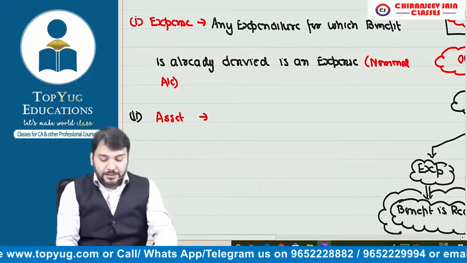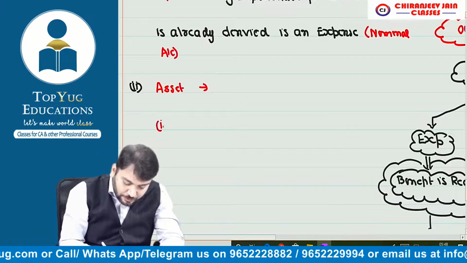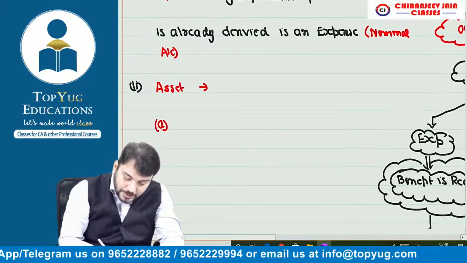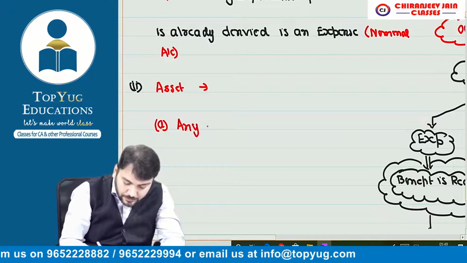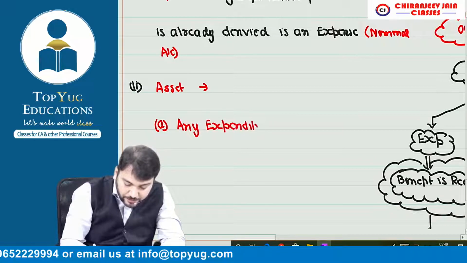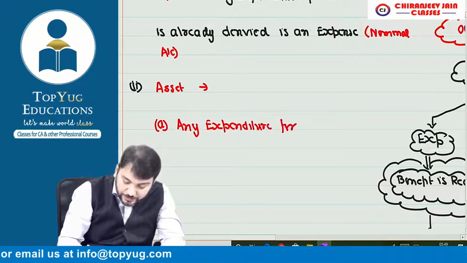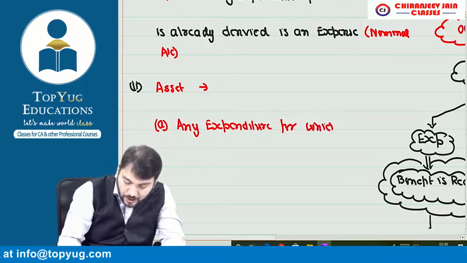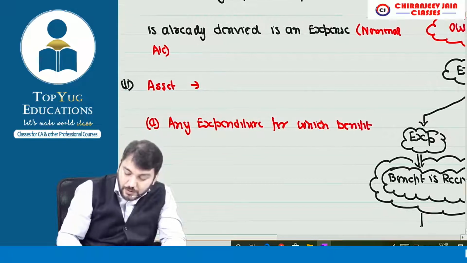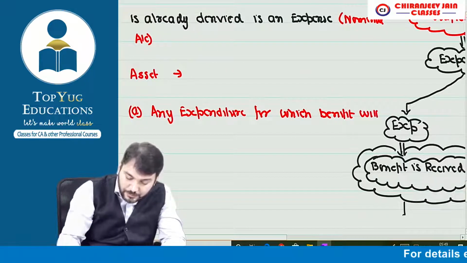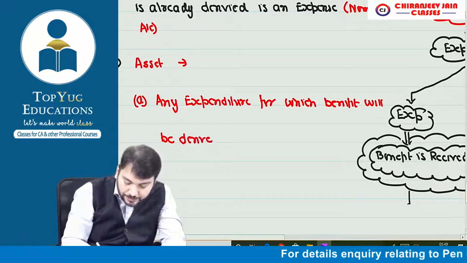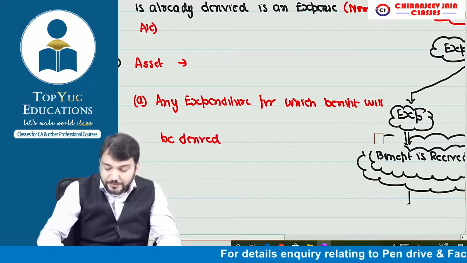I need to define asset in two ways. First, you have understood point number A. Point number A, any expenditure for which benefit will be derived is an asset.